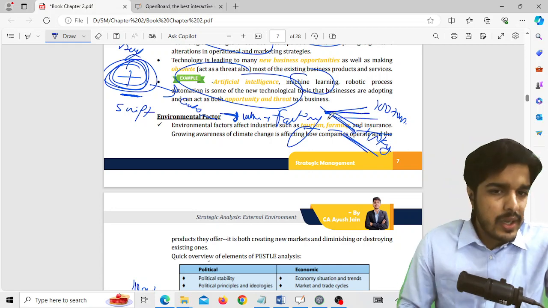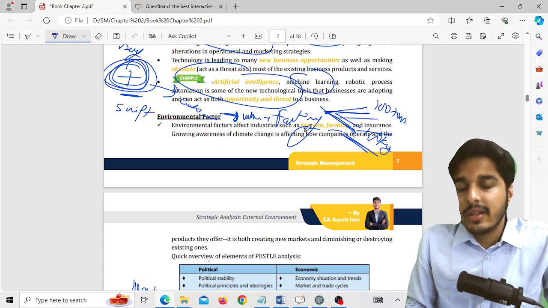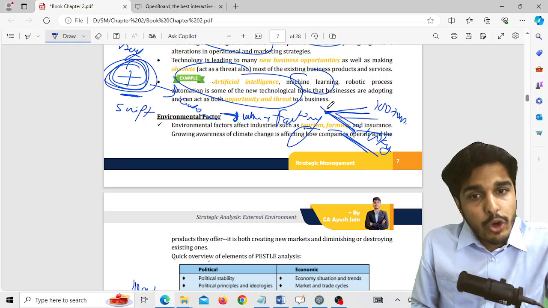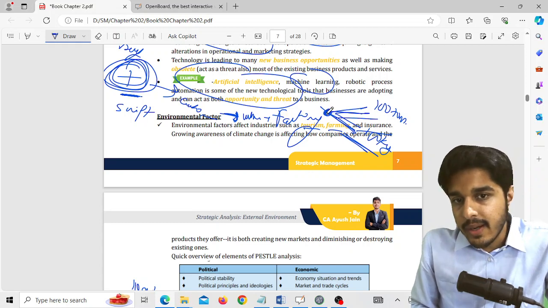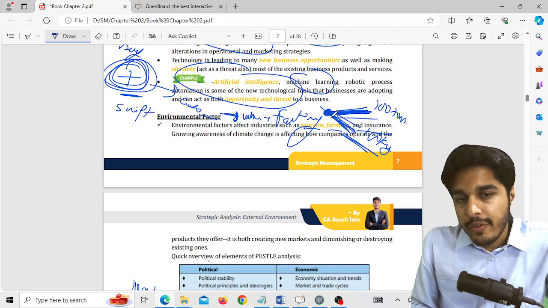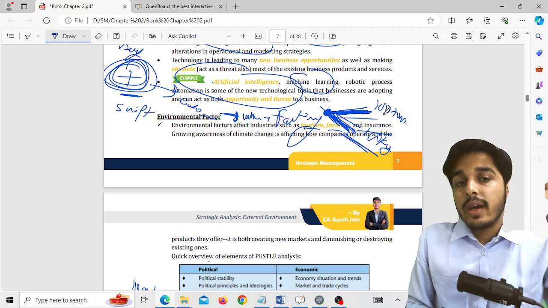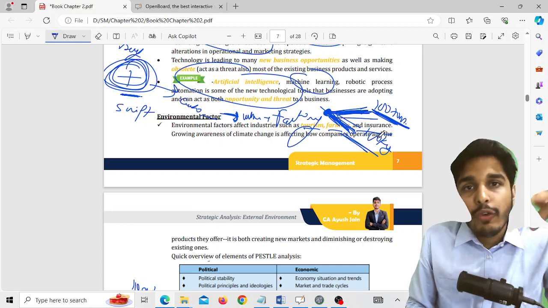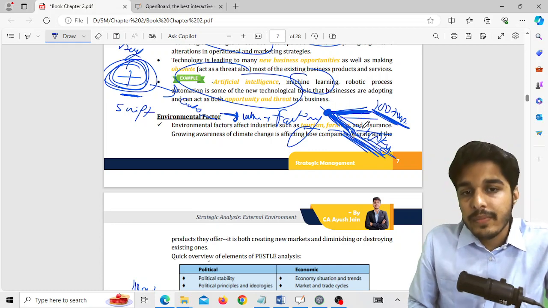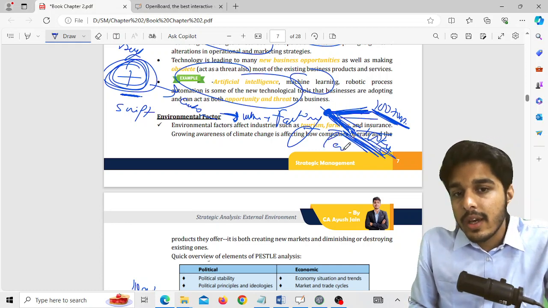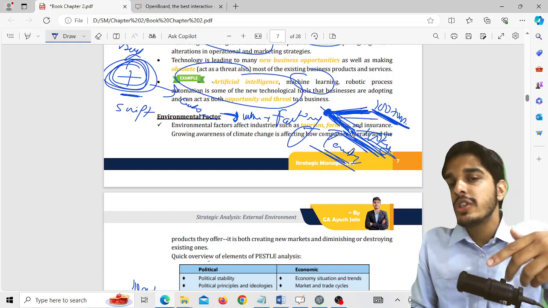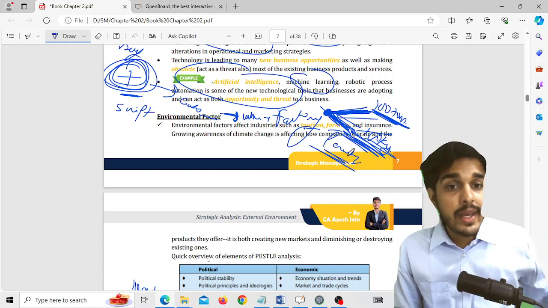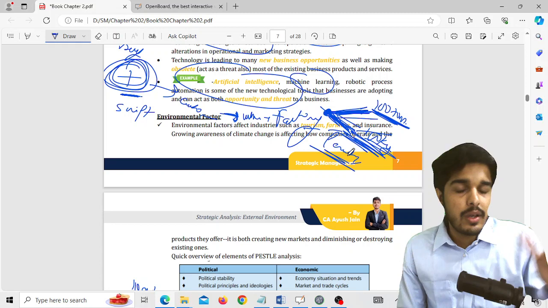Or in very simple words, if you produce more than 100 ton, then for every 100 ton you have to pay a penalty to the government. Why? Because you are increasing the pollution in the area.